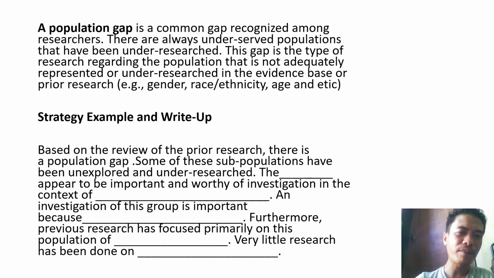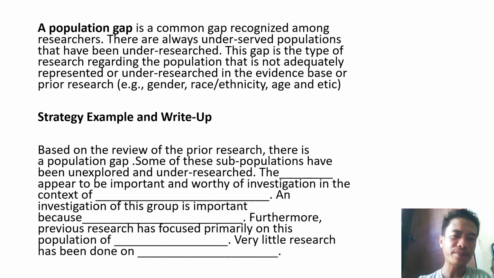Population gap is a common gap recognized among researchers. There are always underserved populations that have been under-researched. This gap is the type of research regarding the population that is not adequately represented or under-researched in the evidence base or prior research. Example: gender, race, ethnicity, age.